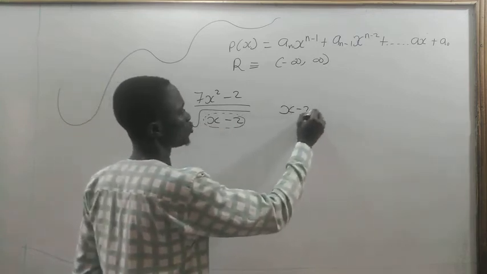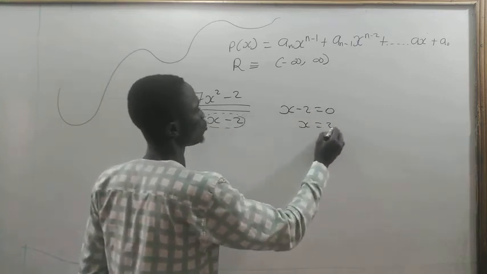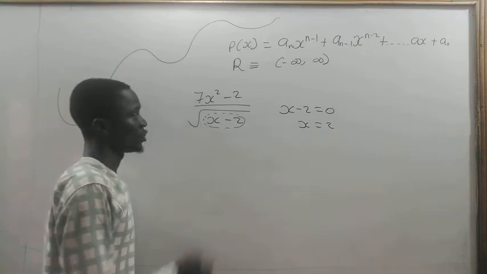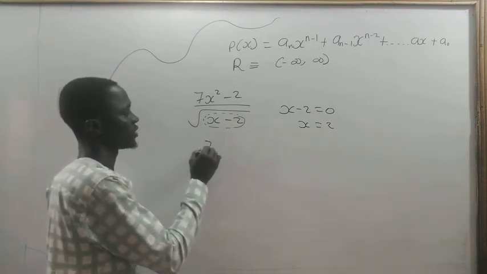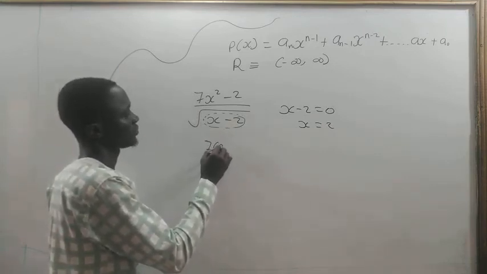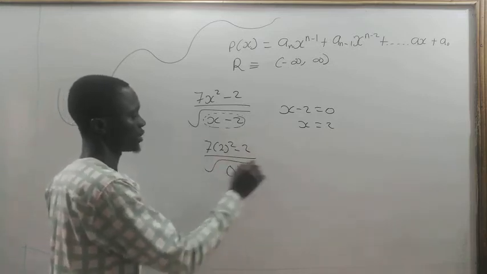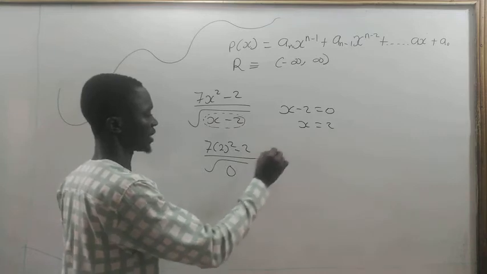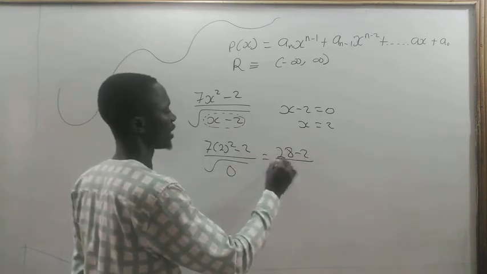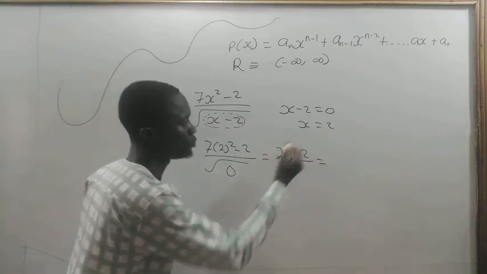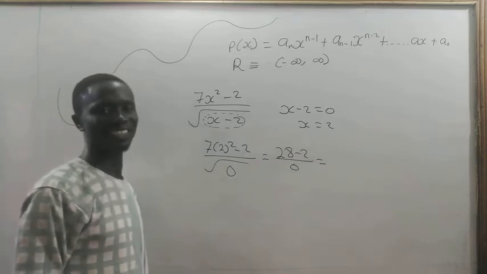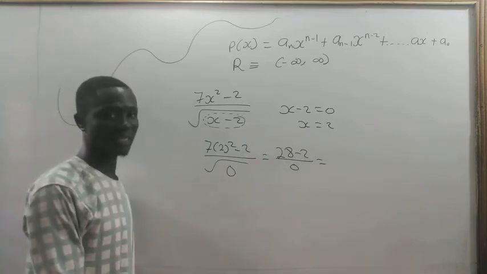If you take x minus 2 equal to 0, you have x equal to 2. Very simple as that. So if you put x equal to 2 here, we have 7 into bracket 2 squared minus 2 divided by square root of 2 minus 2, 0. And that will give us 28 minus 2 divided by 0, and that will be undefined.